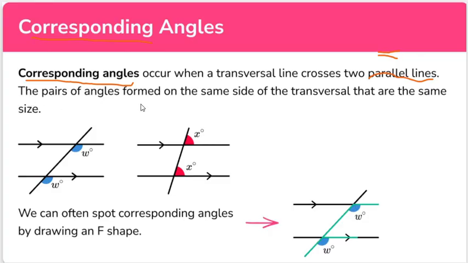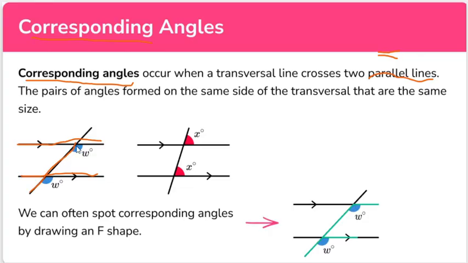Now, the pairs of angles formed on the same side of the transversal are the same size, meaning that if we have two parallel lines, then when we're dealing with corresponding angles, we make an F shape.